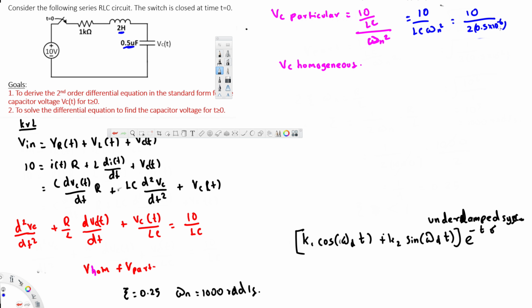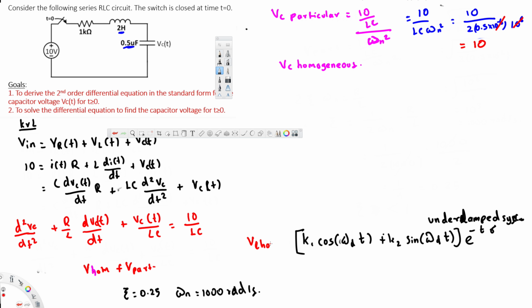And then we multiply this with omega n squared, and if you square 1000, that's 10 to the power of 3 squared, which is 10 to the power of 6. You can see these 10 to the power of 6 cancel each other, and 2 times 0.5 is just 1, and 10 divided by 1 is still 10, right? So this is our particular solution.